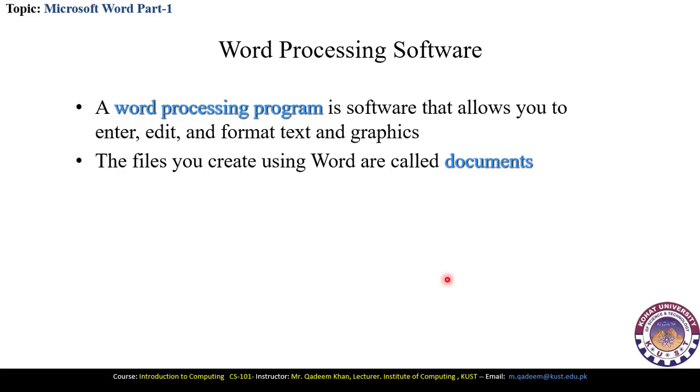Microsoft Word is word processing software. Word processing software is software which allows us to enter text inside a document, and also to edit the document. That means we can change the text inside the document, and also format the text and graphics inside our document.